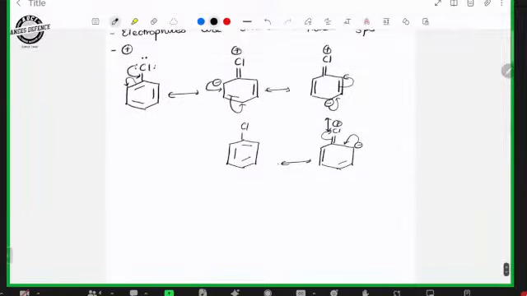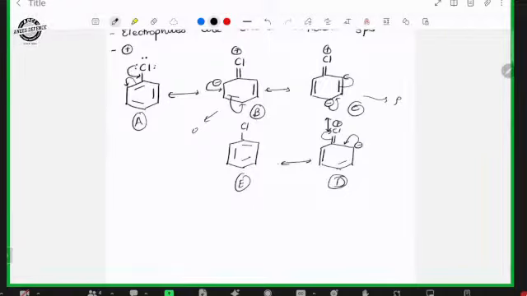Okay. So when you look into this A, B, C, D, and E structure, you can see in B, C, and D, the negative charge is there, right? In B, the negative charge is at ortho position. In C, the negative charge is at para position. And in D, the negative charge is again at ortho position.